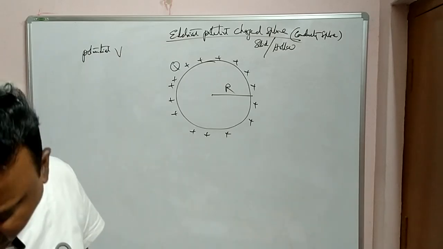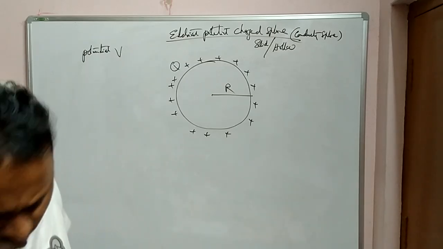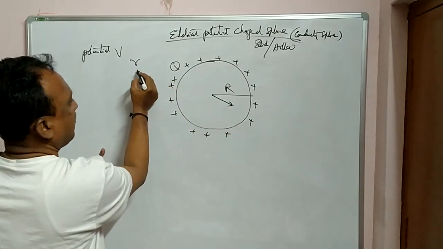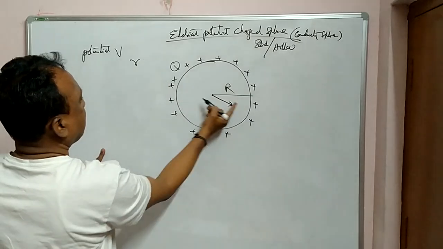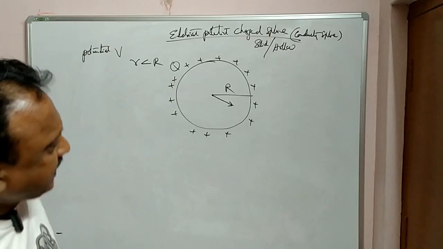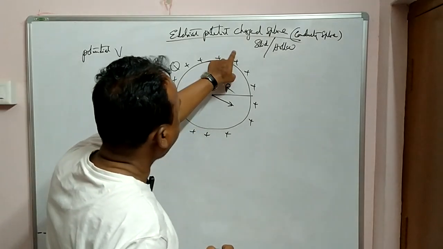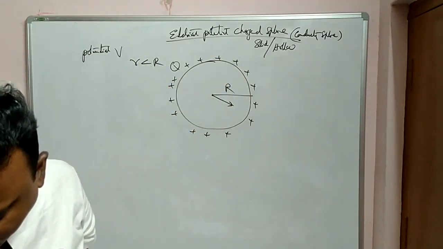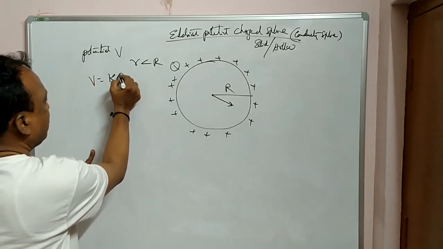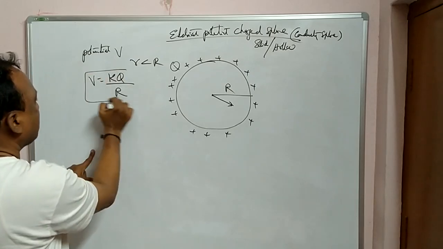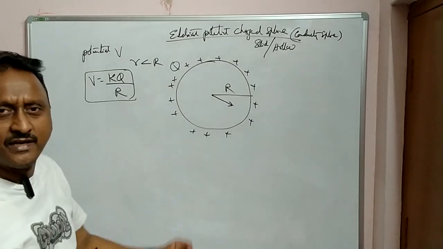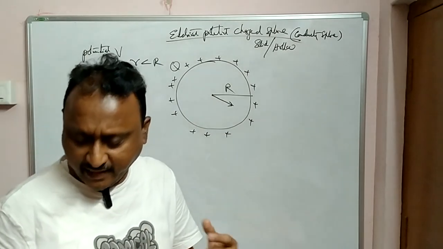Potential V. See, if you want it inside, that means r is less than R. Inside, r is less than R. The inside value, whether the sphere is solid or hollow, is the same as whatever value you have on the surface, that is V is equal to KQ by R. In these types of cases, electric potential of a charged sphere, it may be solid or hollow conducting sphere.